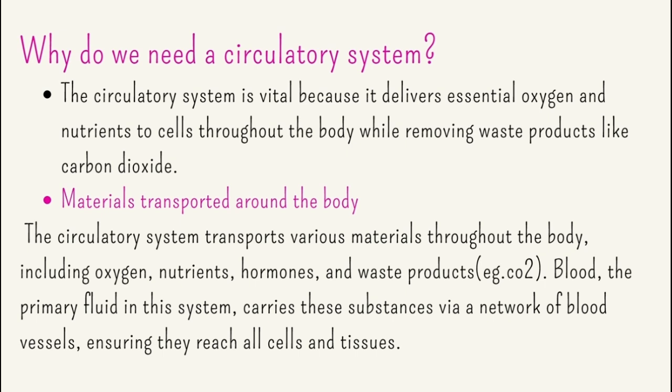Now, the circulatory system delivers essential oxygen and nutrients to cells throughout the body while removing waste products like carbon dioxide. As human beings, we inhale oxygen and we exhale carbon dioxide. Every single organ in our body needs that oxygen.